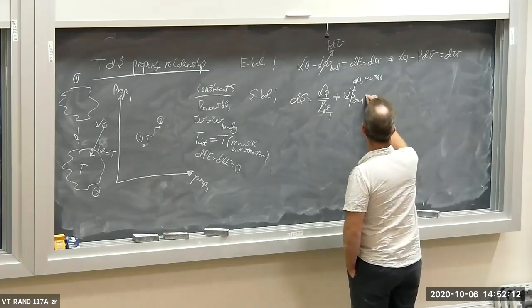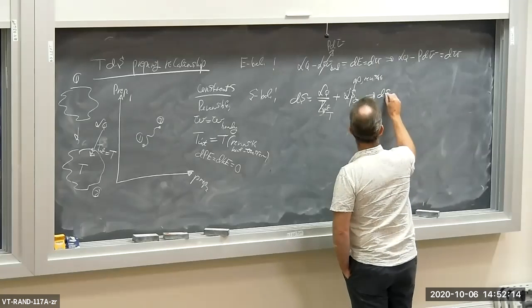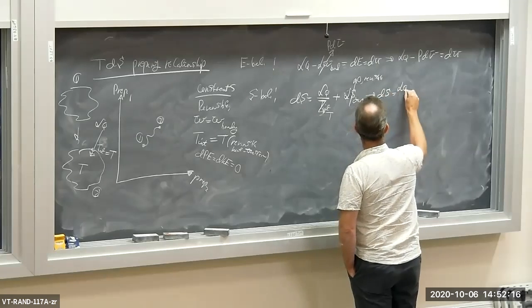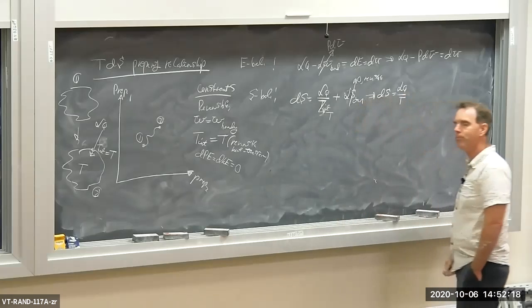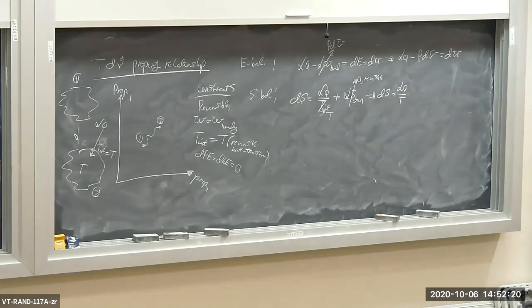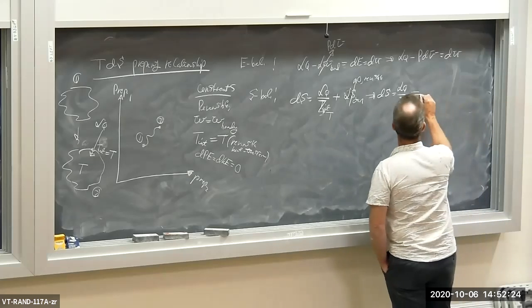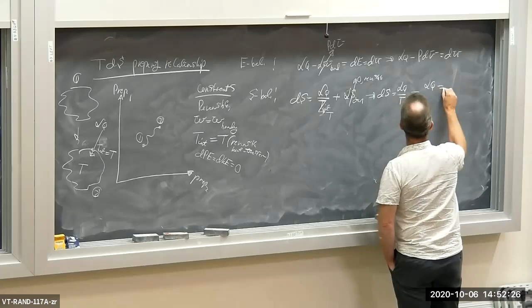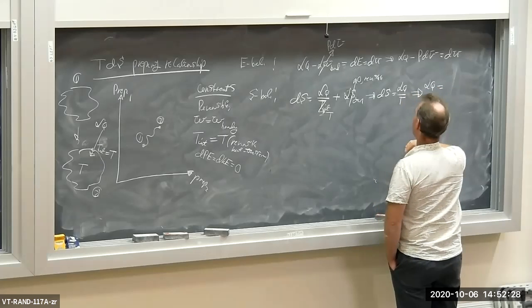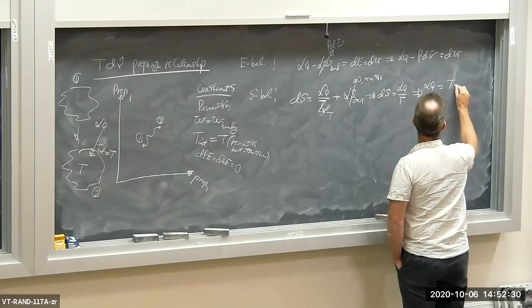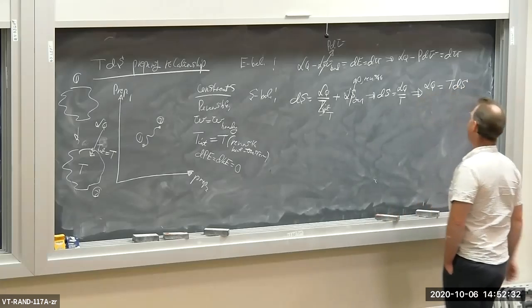So I get dS is equal to δQ over T. Now I'm going to solve that dS equation for the heat transfer, δQ. δQ is equal to T dS.